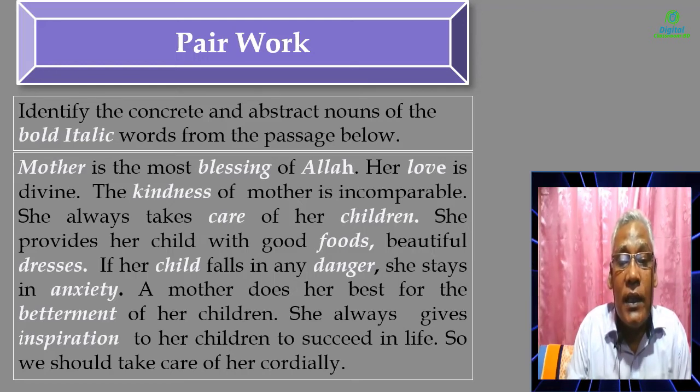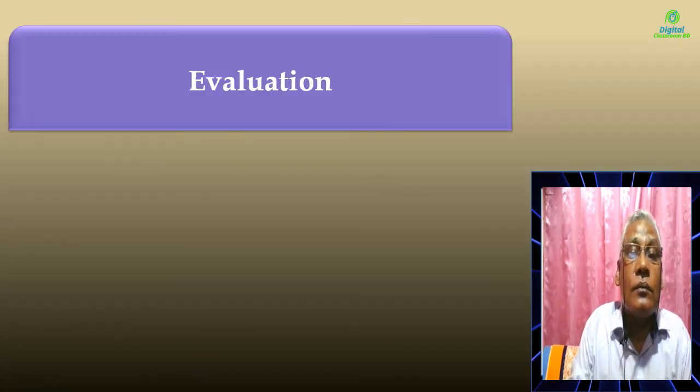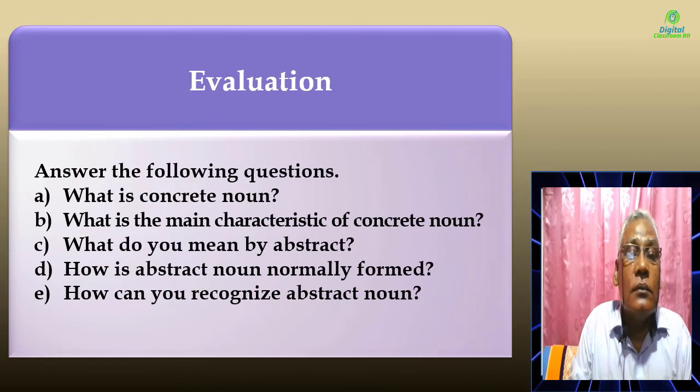You have to decide. You can discuss it with your partner. So please do it, my dear learners, and decide which kind of noun it is. Have you done it? Yes? Okay, now proceed on.